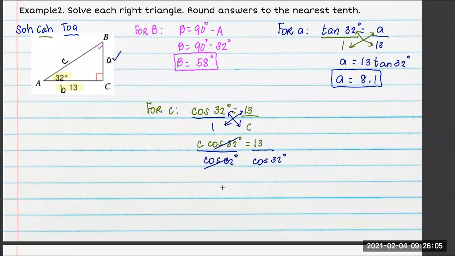That gives you C equals 13 divided by cosine 32, using your calculator. Since this is a side, we round to the nearest tenth, and that gives you 15.3.